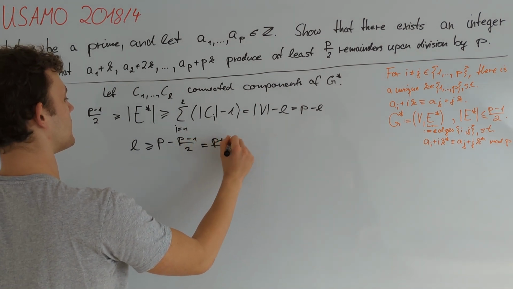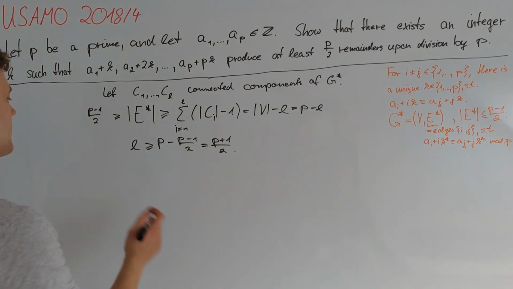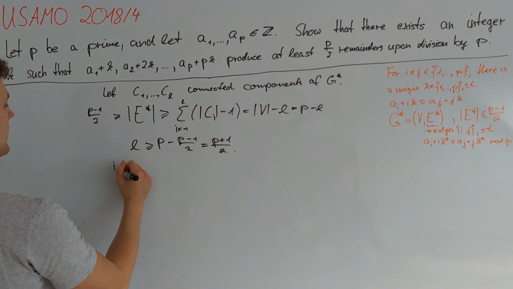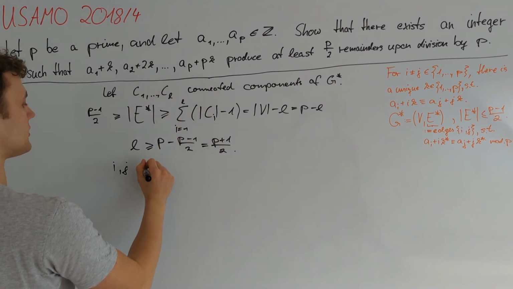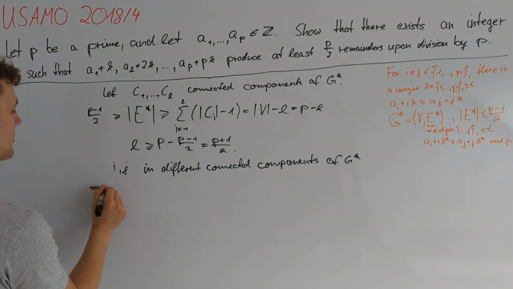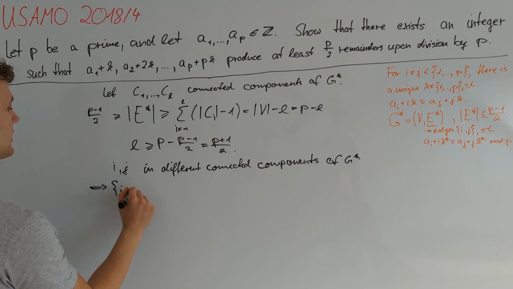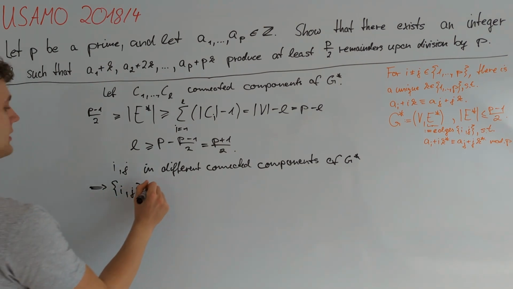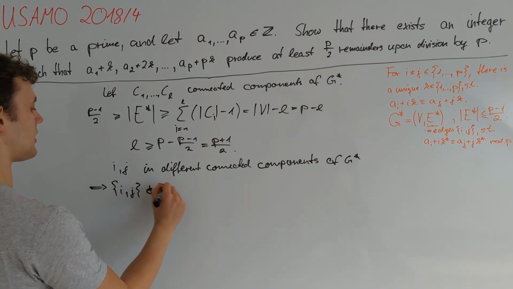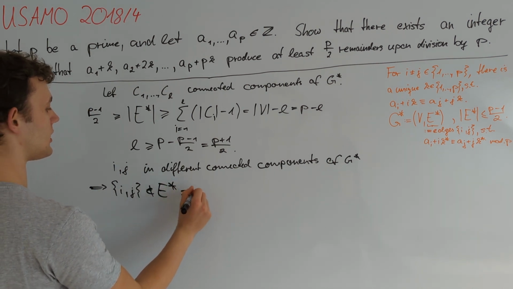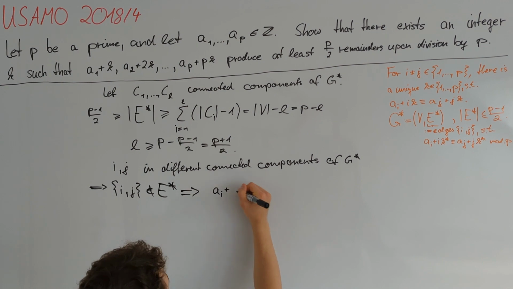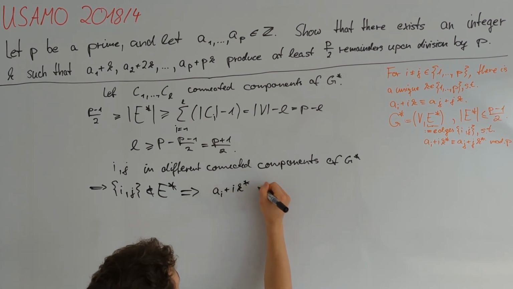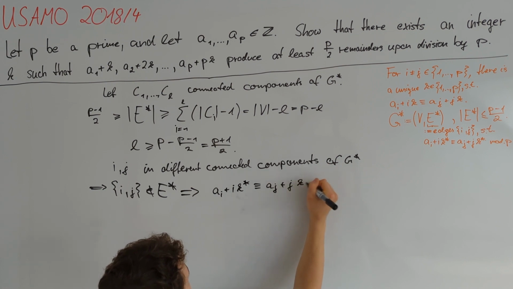Lastly, we notice that if we take any i and j in different connected components of G star, then the edge {i, j} does not lie in the edge set E star, which by definition implies that a_i plus i k star is not congruent to a_j plus j k star modulo p.